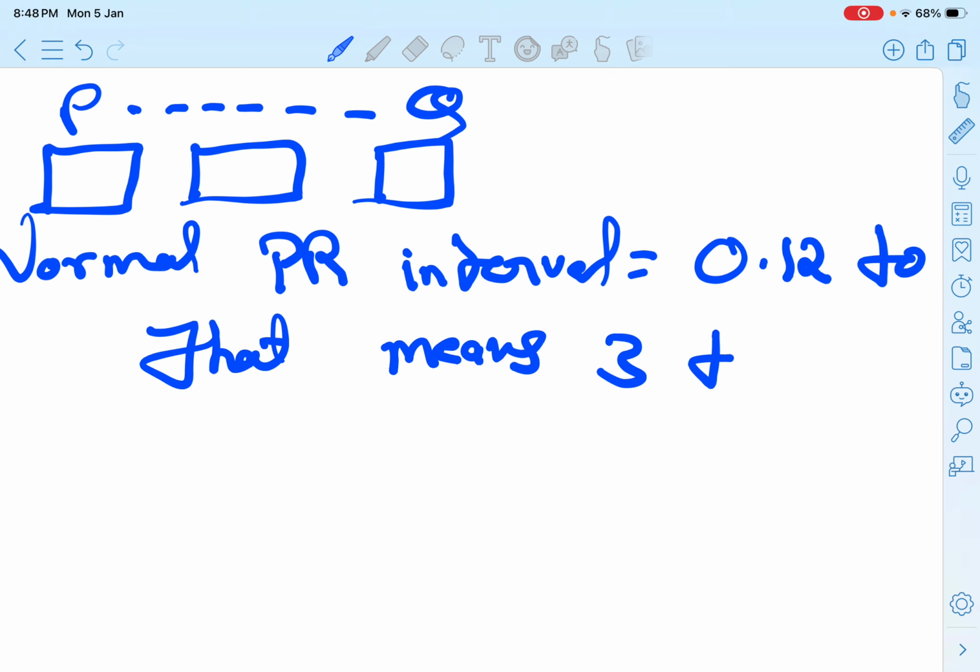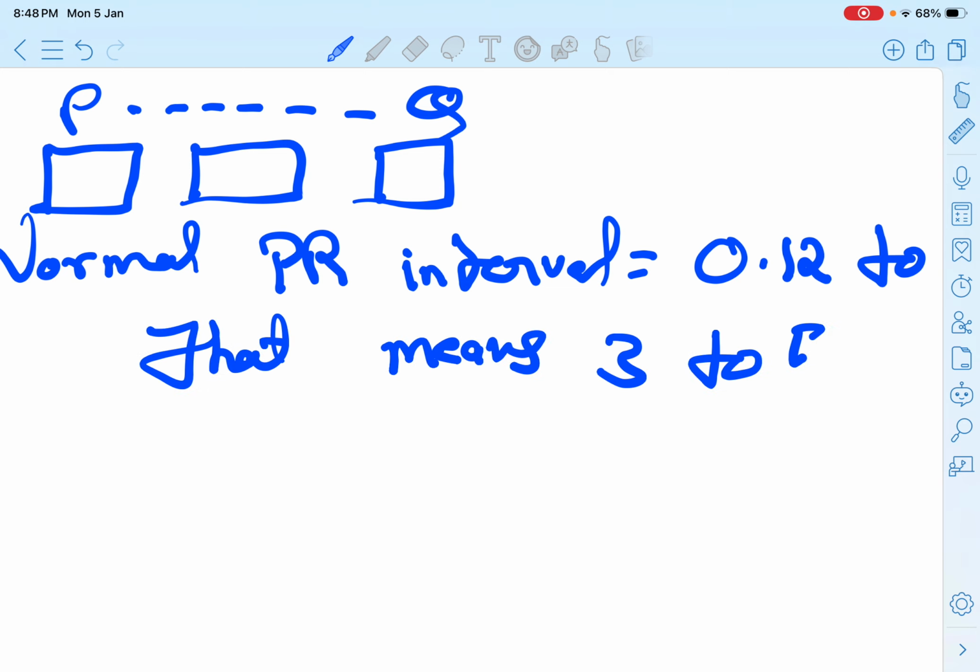That means 3 to 5 small boxes. I already told you the distance of one box, which includes 5 small boxes.